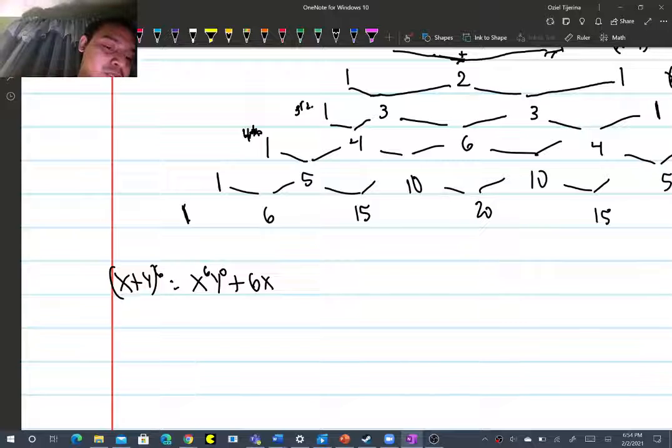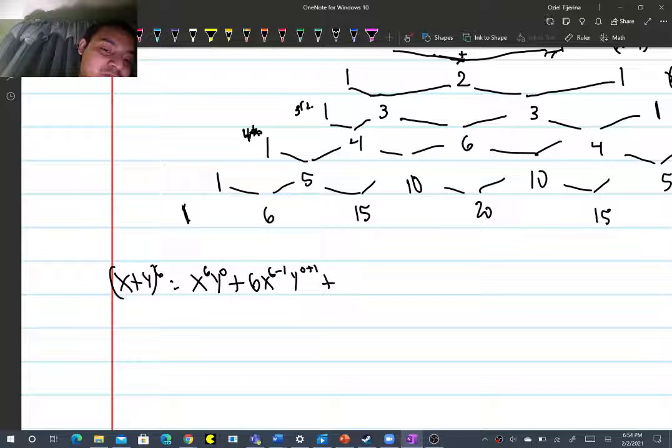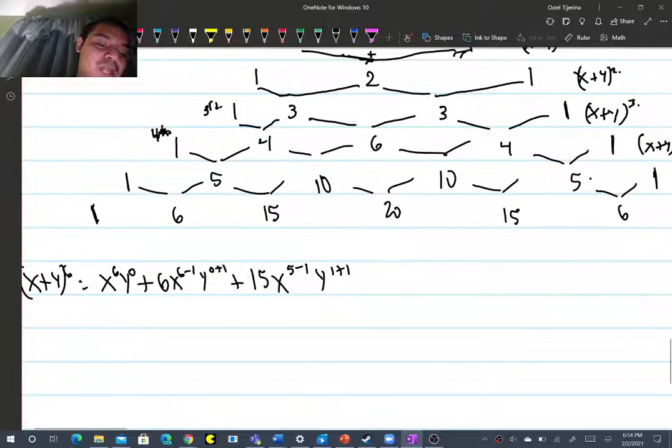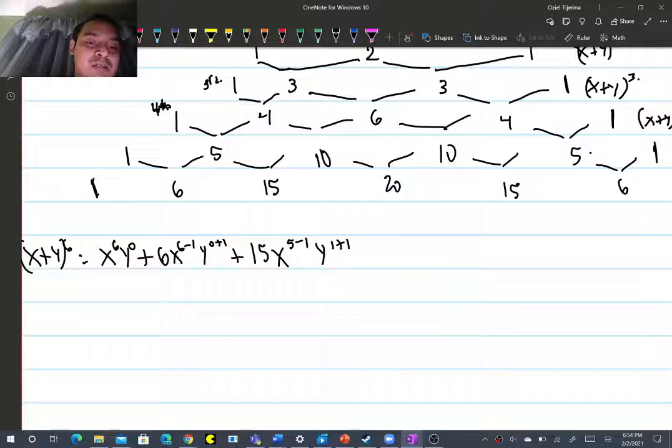Remember that you're doing 6 minus 1, and y to the 0 plus 1 power. And then for 15, you get 15x to the 5 minus 1 power, and y to the 1 plus 1 power. This will all make sense once I get all the coefficients down.